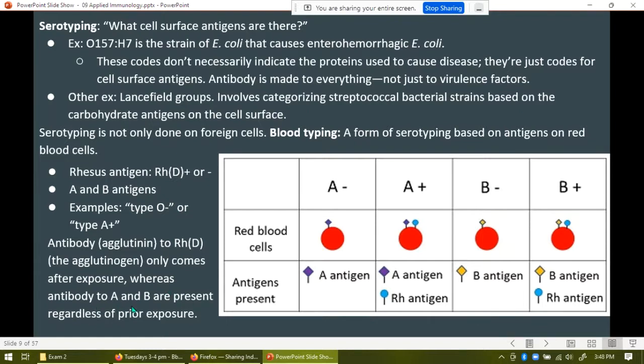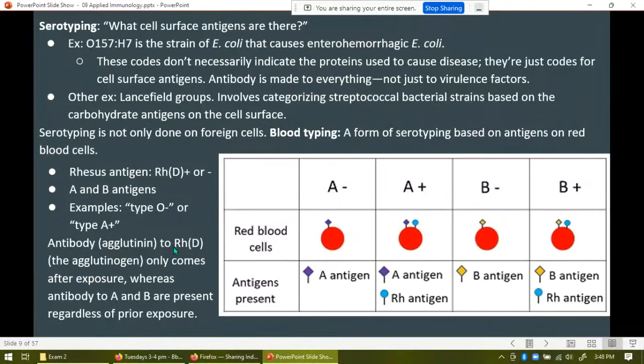So antibodies to A and B are going to be present regardless of prior exposure. However, you're not going to make antibody to B if you have type B blood or if you have type AB blood. You're only going to make antibodies against antigens that are not on your red blood cells. And for A and B, those can be present regardless of prior exposure.